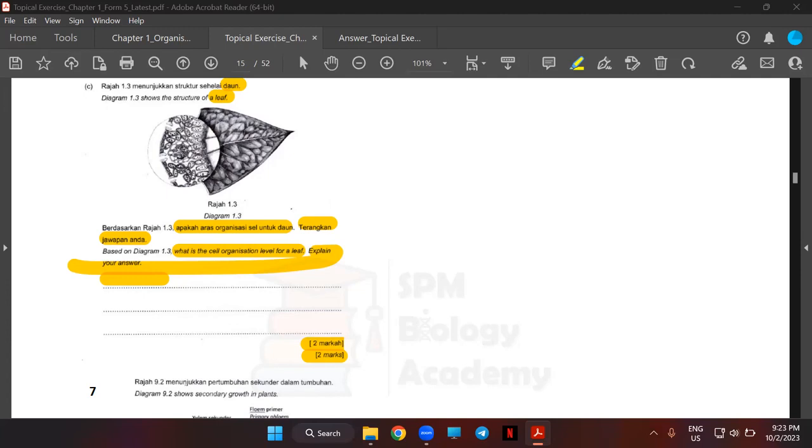Dalam ayat you, one word is missing. What is that? Look at Punithan's answer: consists of a combination of different tissues. Where is the word different, Tio? Kena ada.